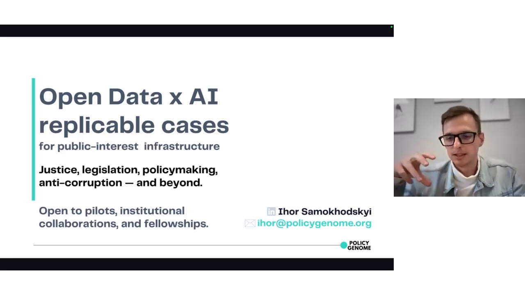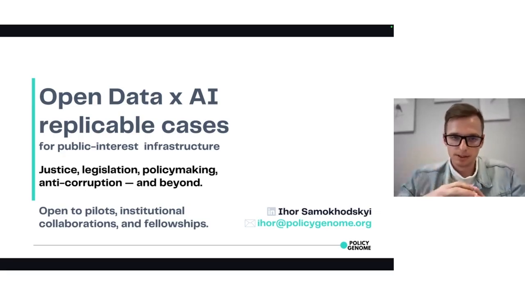These three cases touch justice specifically, but this is only one field. The same approaches could be applied to policy making and legislation. And just on top of it, we're speaking about the future. I believe that from what I've shared, we see clearly that the next step is that we actually have a new value pipeline from the open data.